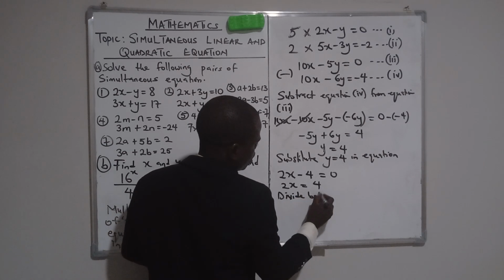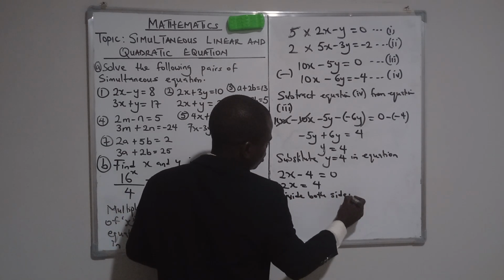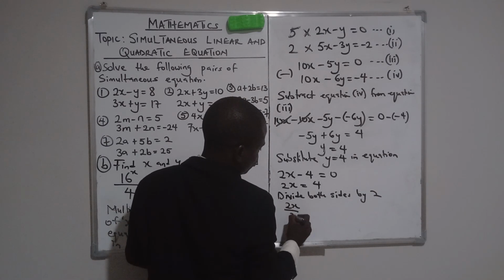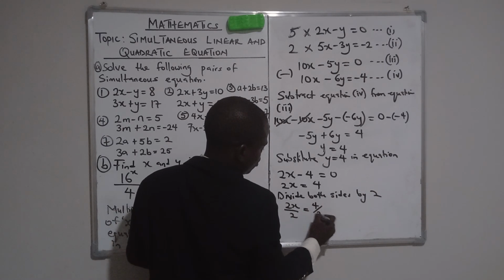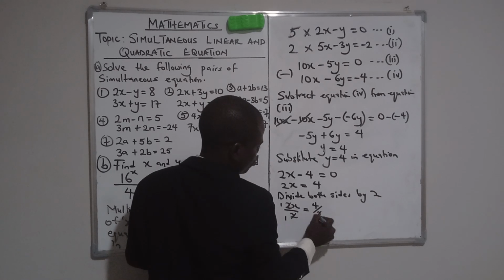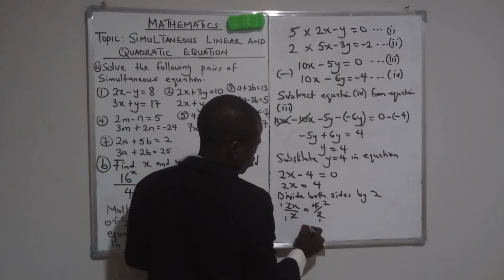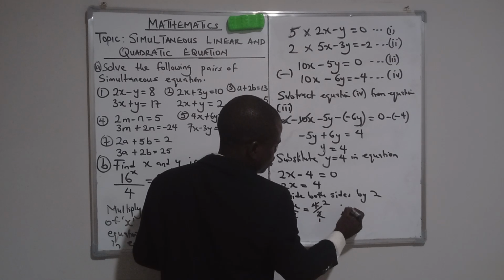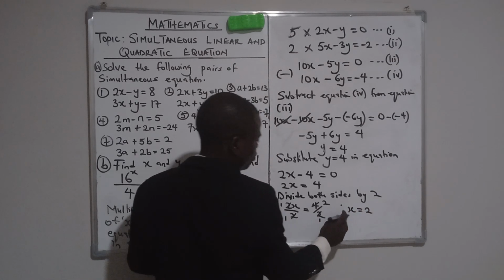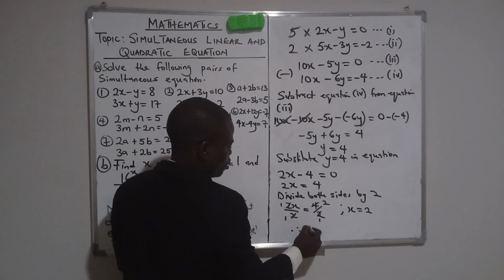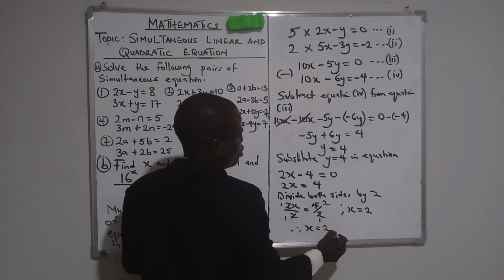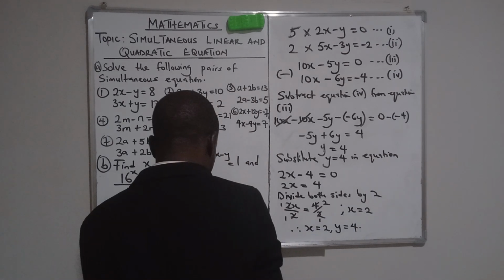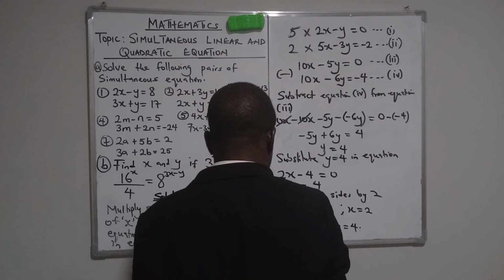Divide both sides by 2. Having 2x over 2 equals 4 divided by 2. 2 cancels 2, 2 here is 1, 2 here is 2. Therefore our x equals 2. Therefore, x equals 2 and y equals 4.